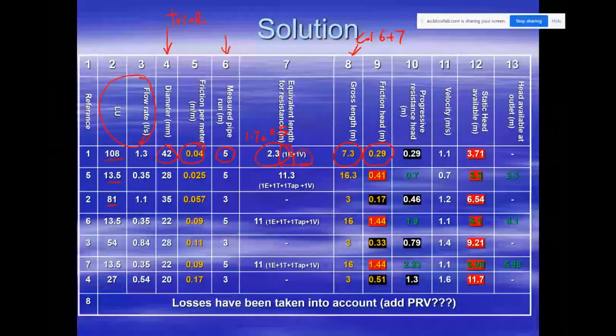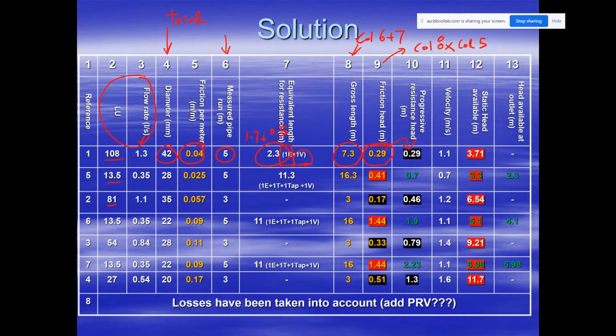Total length. That means, to make it simple, column 8 times column 5. Am I correct? Okay, so this is 0.29. Because this is the first section of the pipe, the progressive resistant head loss is the same as this one.